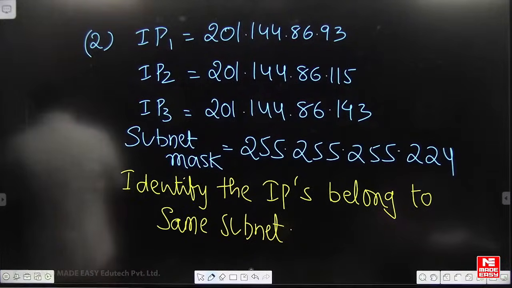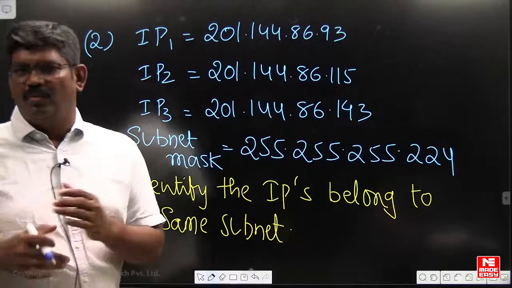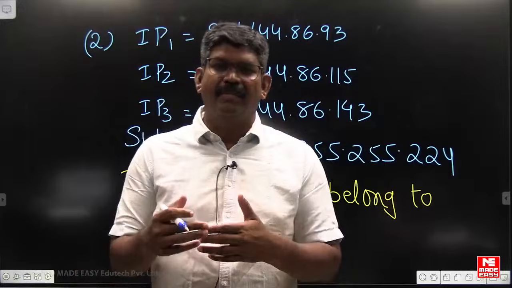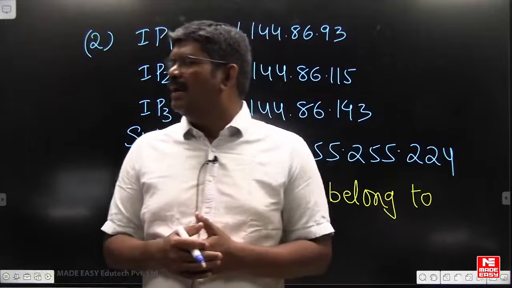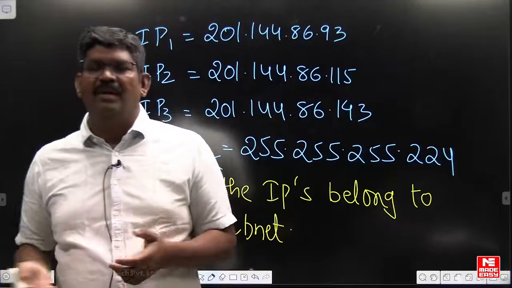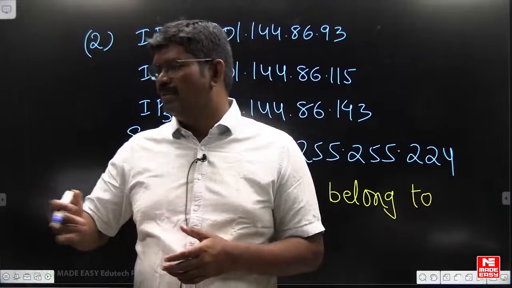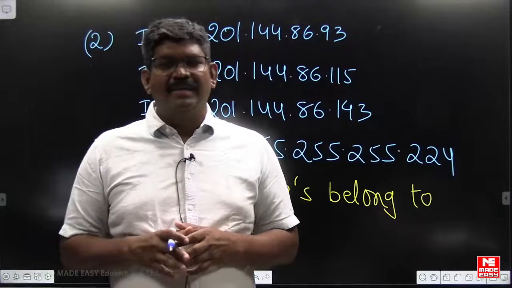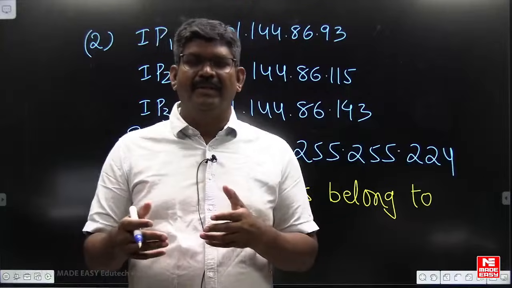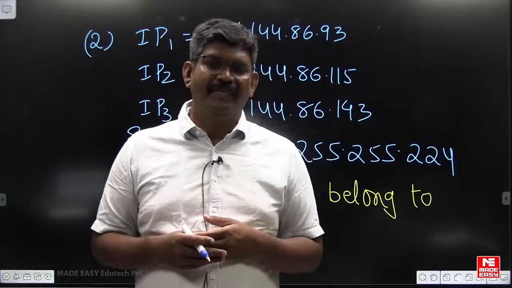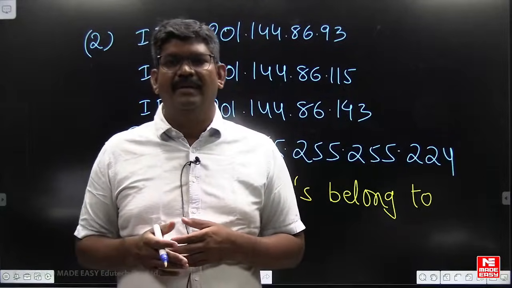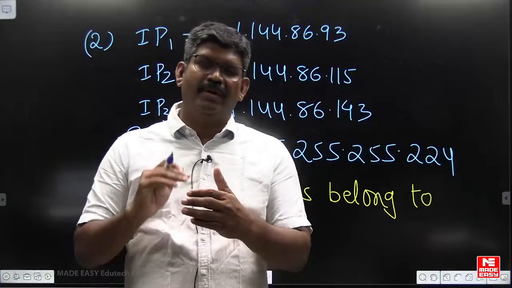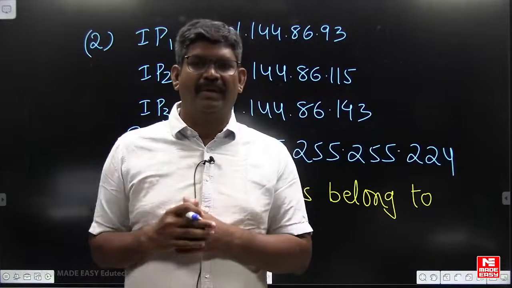I think one student is asking a good question. Sir, when will the number of subnets be 2 power k, where k is the number of subnet bits? It's a good question, so let me explain as you asked. See, when they have specifically mentioned in the problem that the zero subnet and the all-ones subnet can be used, then for the number of subnets you can apply the formula 2 power k.